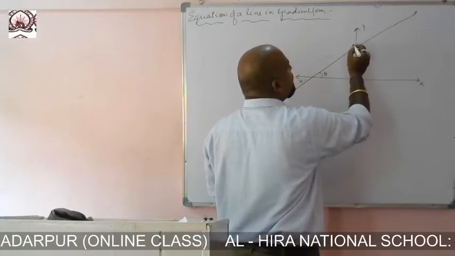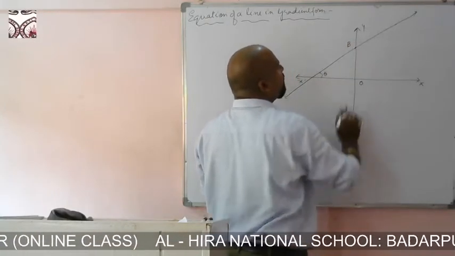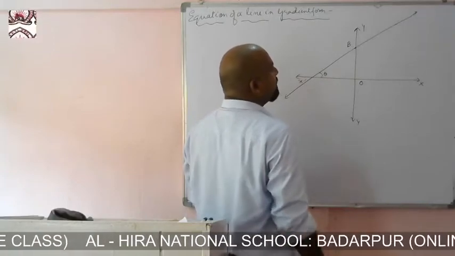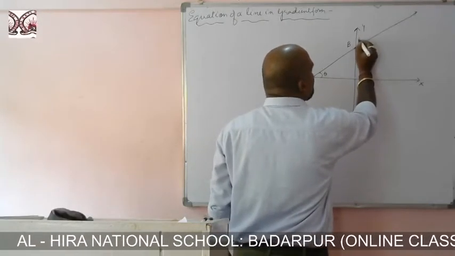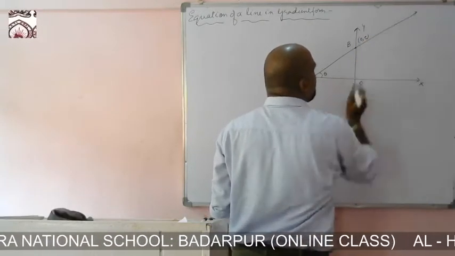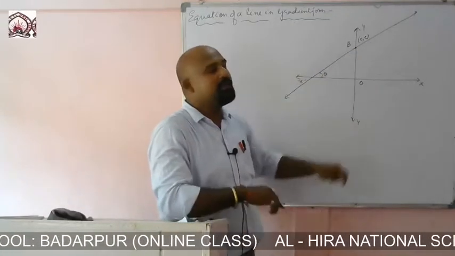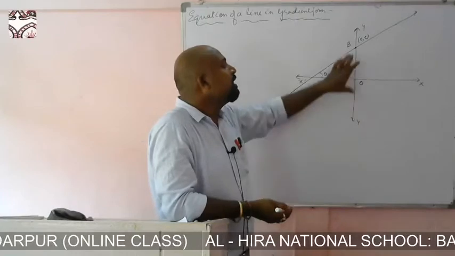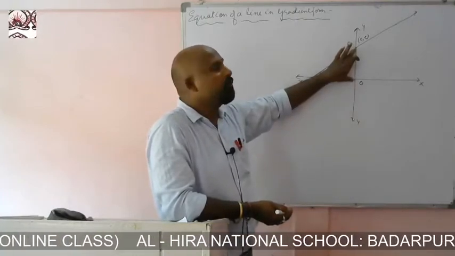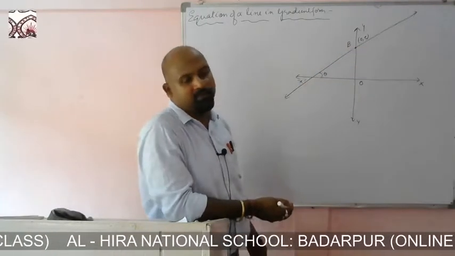Let us consider this point is B. Now the intercept at this point is 0, c. The coordinate of the point B will be (0, c). The y-intercept is equal to c.